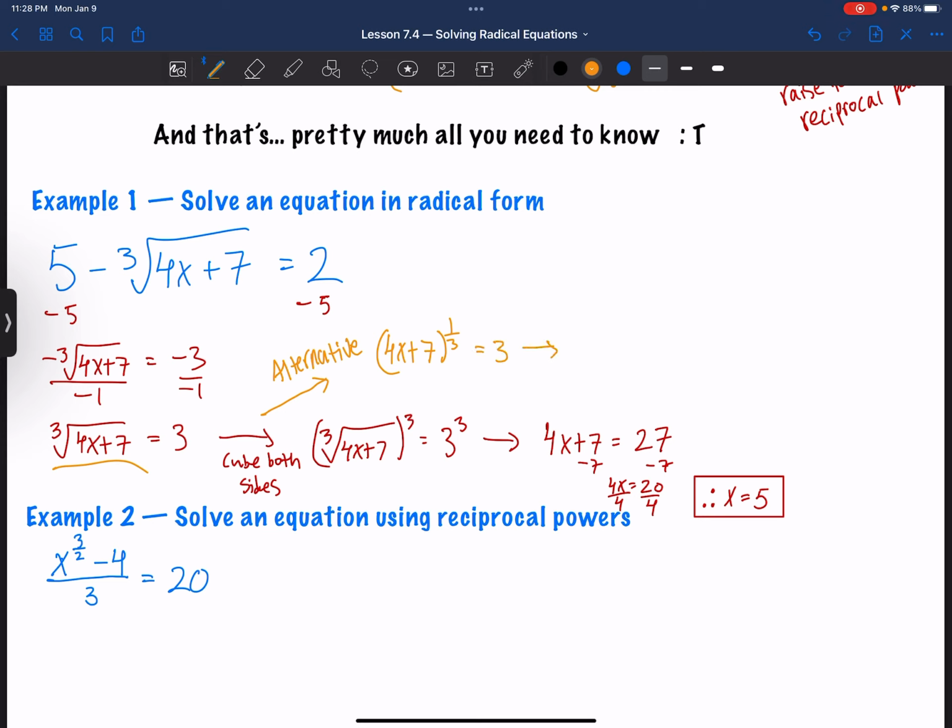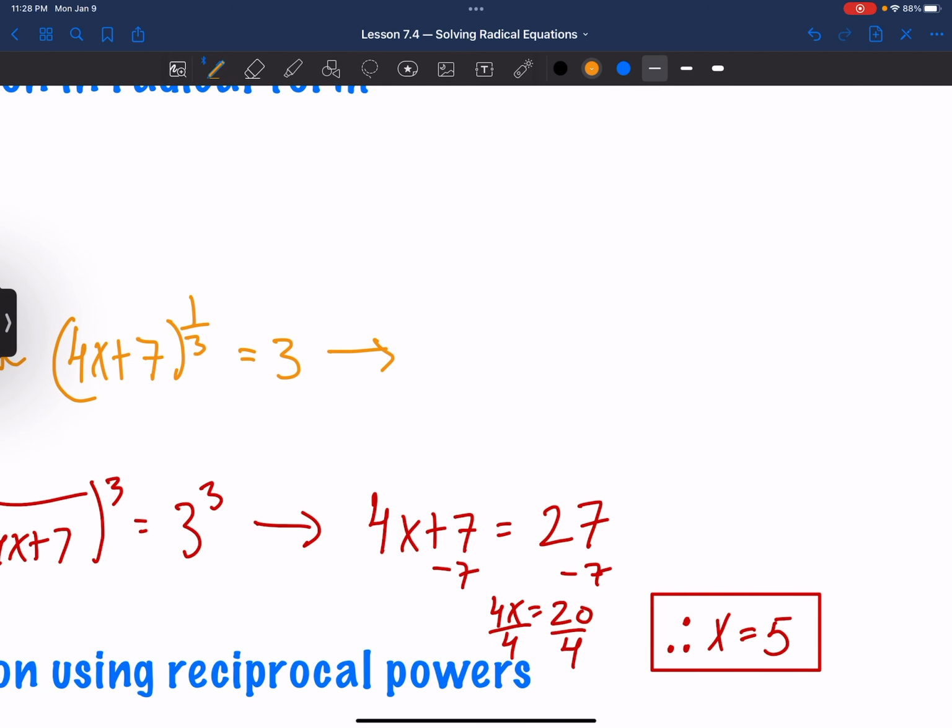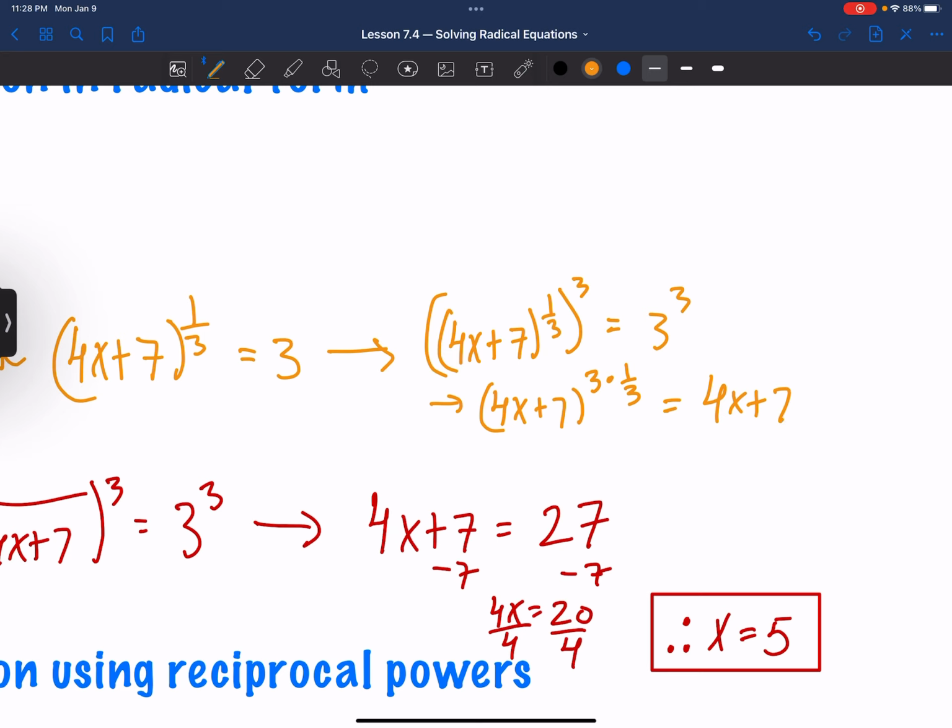Then if you cube both sides, take 4x plus 7 to the 1/3 and raise it to the power of 3, and then take 3 to the power of 3, then this implies that it's 4x plus 7 times 3 times 1/3, which is just 4x plus 7.